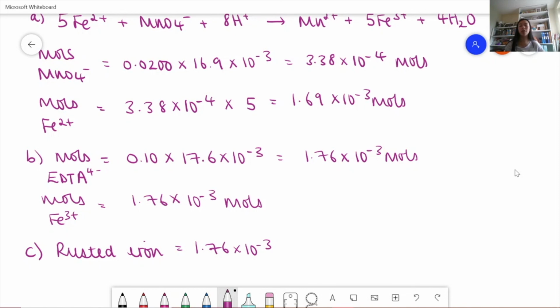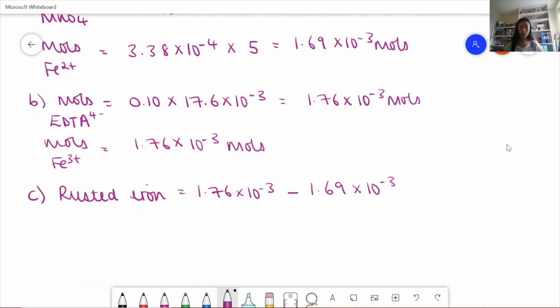So this 1.76 times 10 to the minus 3 was actually in the mixture how much Fe3+ and Fe2+ we had, because we converted it all to Fe3+ before we added the EDTA, and then minus the moles of Fe2+ that we found by adding the manganate. So 1.69 times 10 to the minus 3. And so this gives us 7 times 10 to the minus 5 moles.